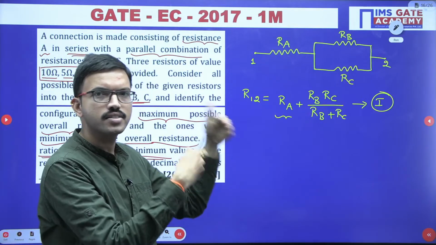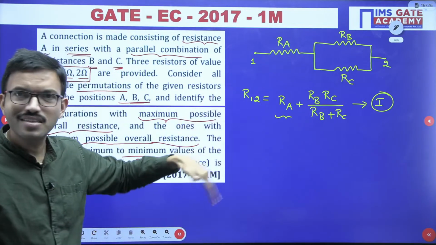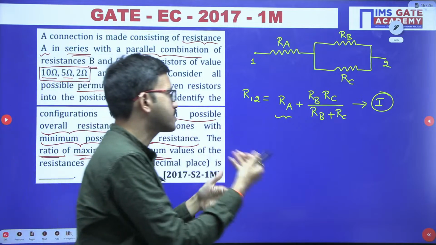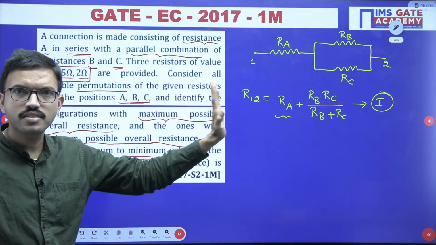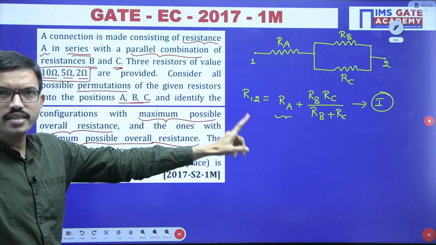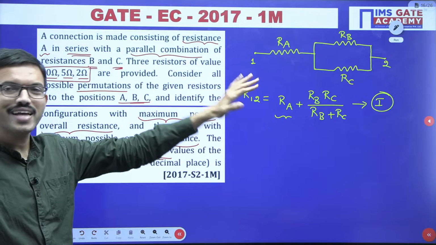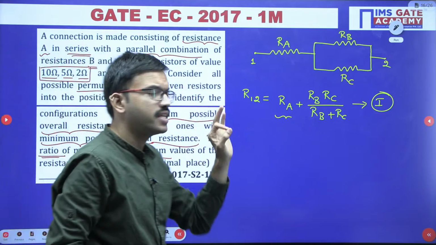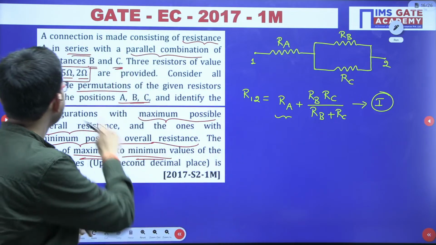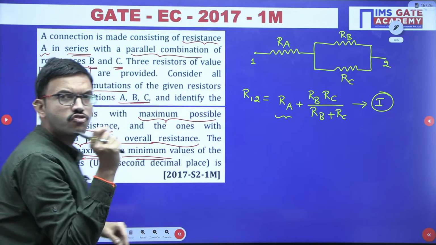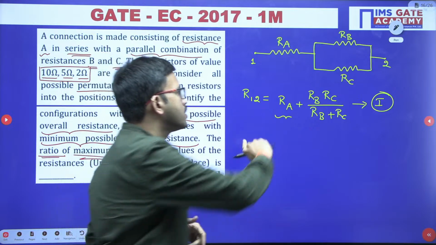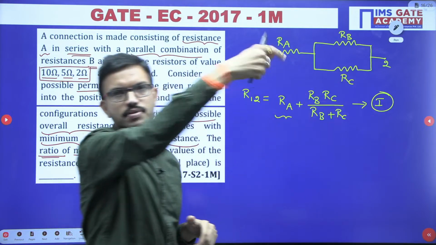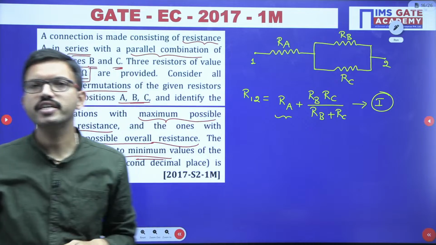Say for example, RA: you consider 10 ohm in one case, 5 ohm in another case, 2 ohm in another case. Now tell me, among these 3 resistors, for which value of RA will this overall value get maximum? All of you give a try.